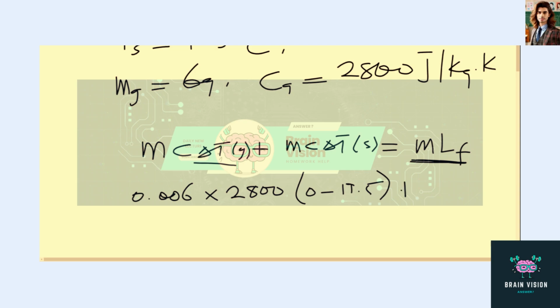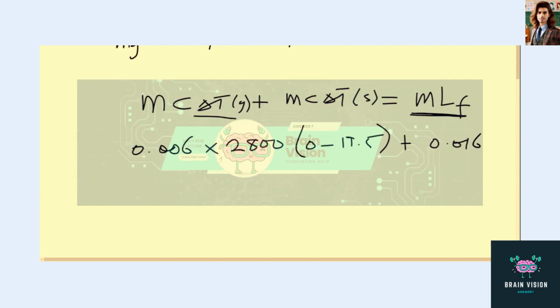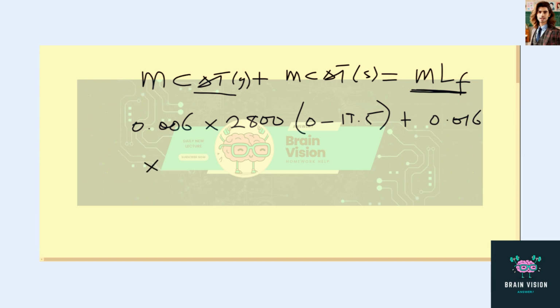Plus the mass of the sample, which is 0.016 multiplied by the specific heat capacity of 2250. That's for the sample, times the same temperature change, 0 minus 19.5.